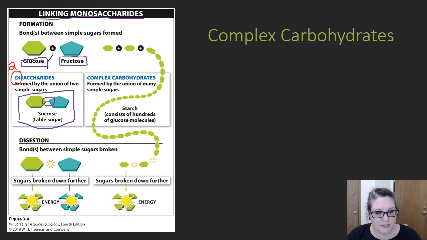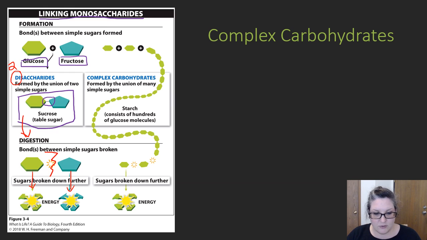So when we digest sugar, there's an enzyme that will break this bond, and then we can break down the glucose and the fructose into energy. We can break those carbon-hydrogen bonds and the carbon-carbon bonds and produce energy.